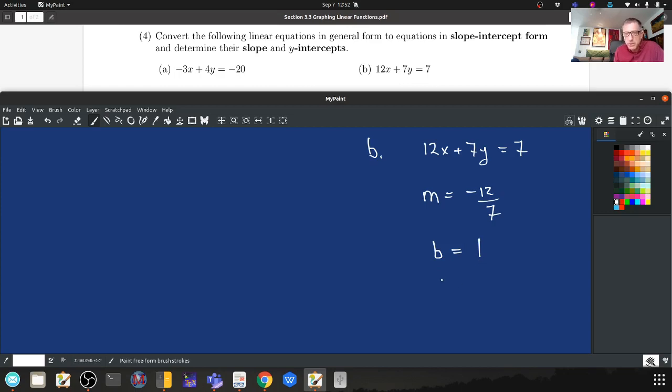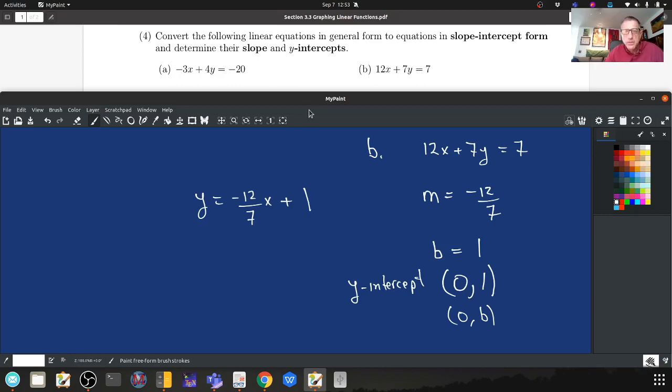Yes, 1. So the y-intercept is going to be 0, 1. And remember the y-intercept is always 0, b, where b is a y value, and this is equivalent to y is equal to minus 12/7 x plus 1.